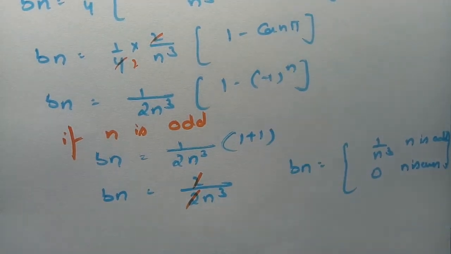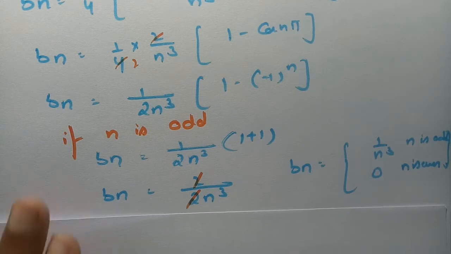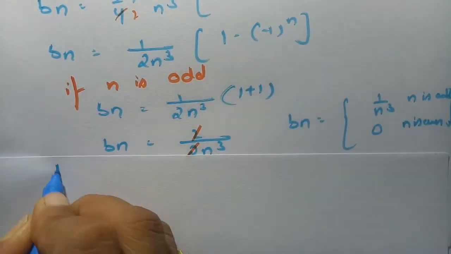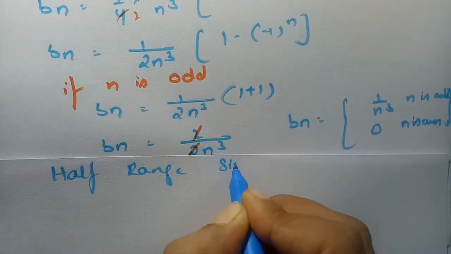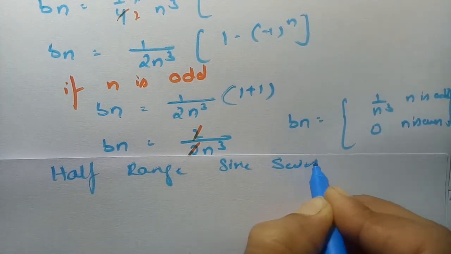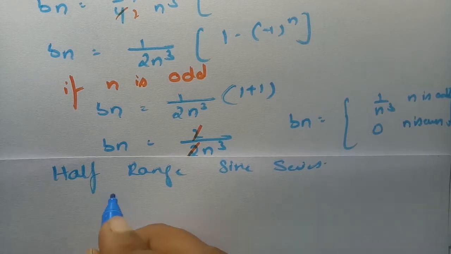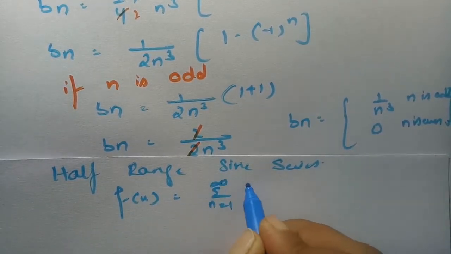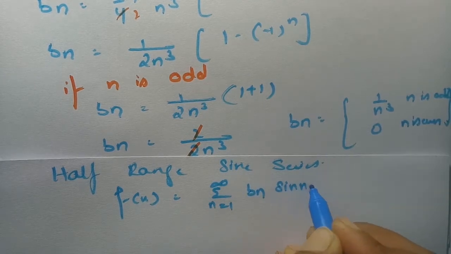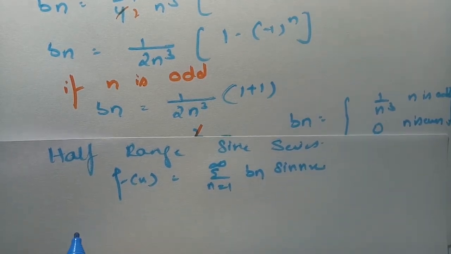After getting the value of Bn, we have to substitute in the half range sine series. So we have a formula that f of x is equal to sigma n equal to 1 to infinity Bn into sine nx. What is f of x?